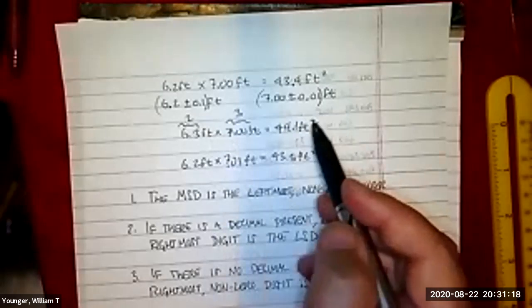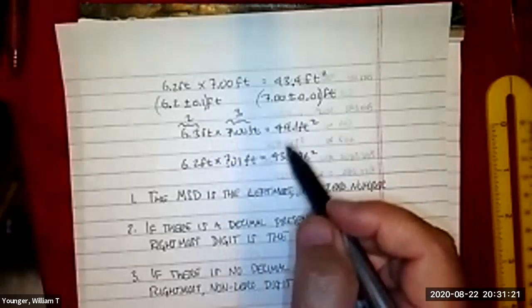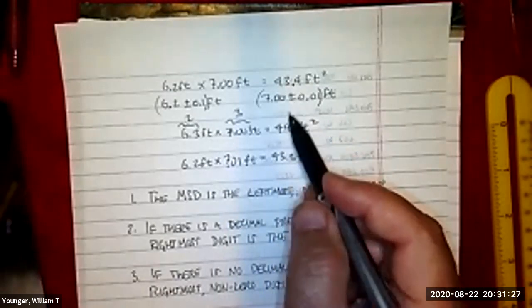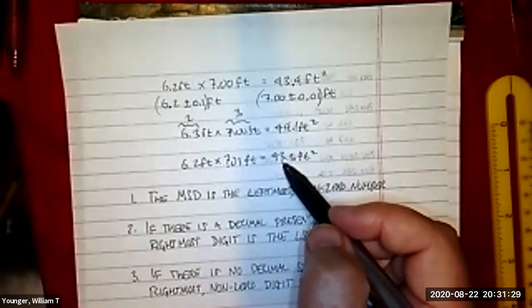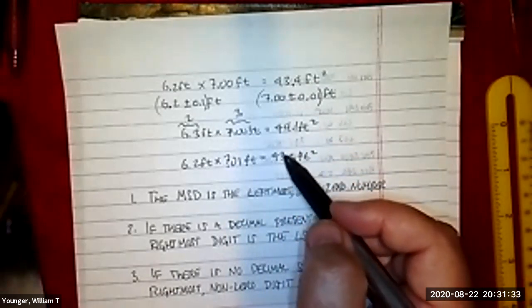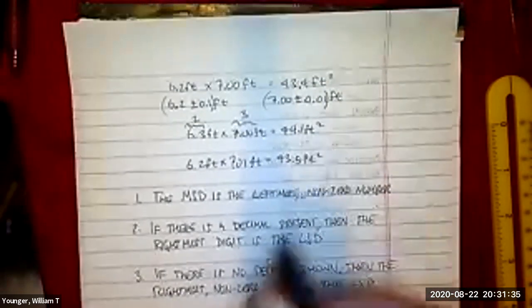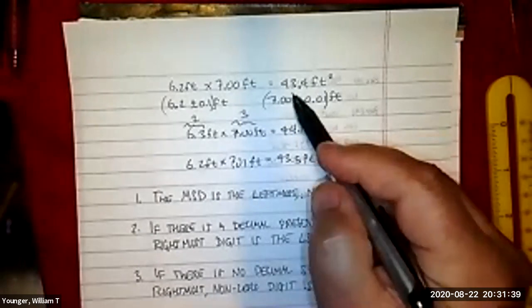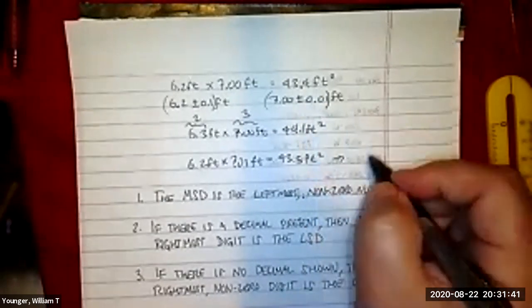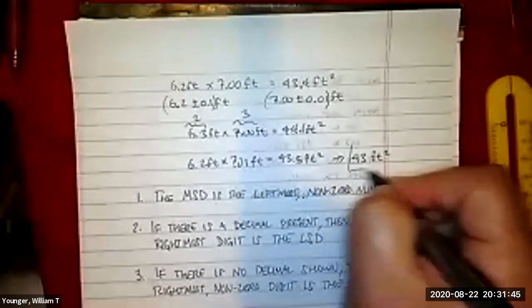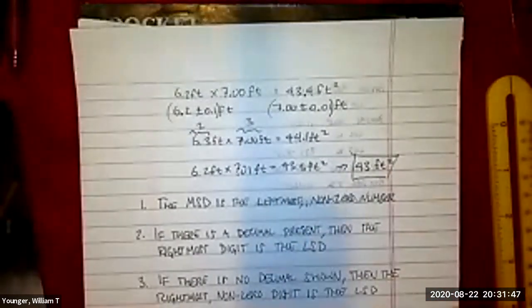That means our answer needs to be rounded to 2 sig figs, which is the same thing we discovered here. The digit that was changing went from 3 to 4 and then back to 3 again. So we realized it should be rounded here because that's clearly a doubtful digit. So we would round the original number, 43.4, to 43 square feet. And that would be the proper significant digit rule.